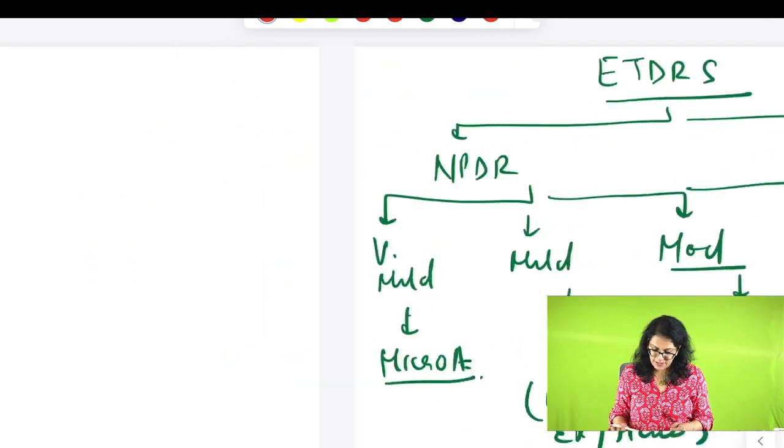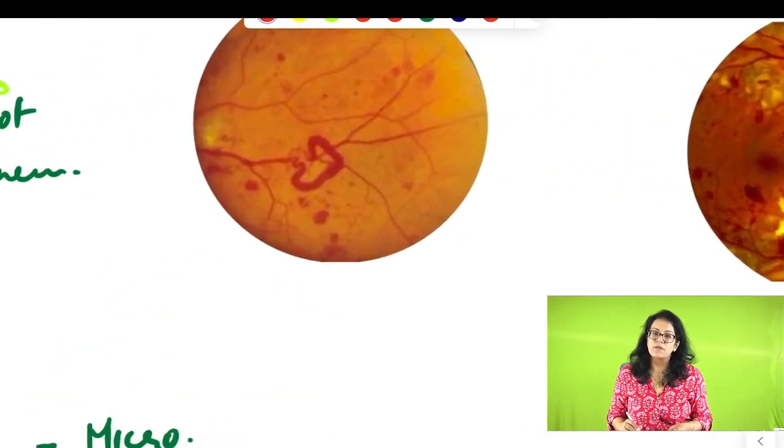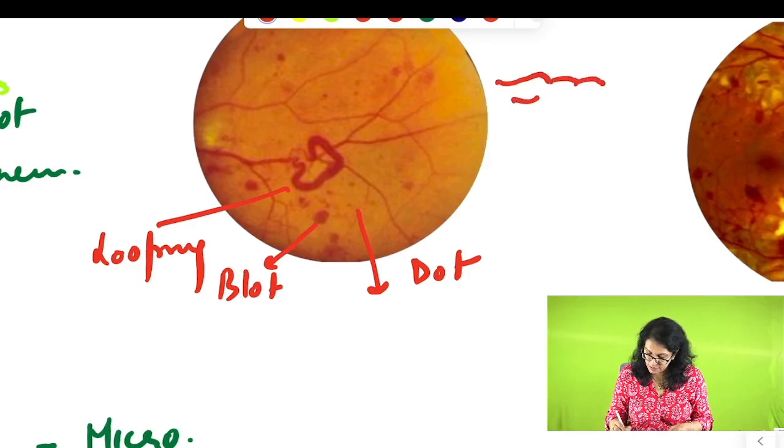So let's have a look. This is the looping. Okay, this is what we call looping of the vein. We can see these are blot hemorrhages. Okay, very small ones are called dot hemorrhages. This is the looping. Similarly, you can get beading. What is beading? When the vessel looks something like this.